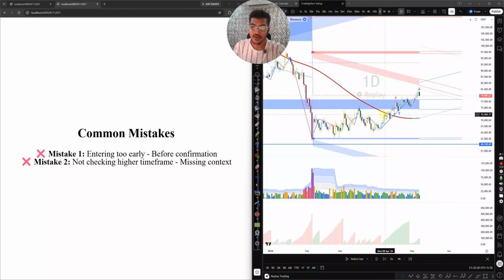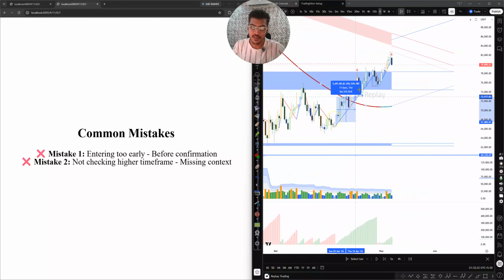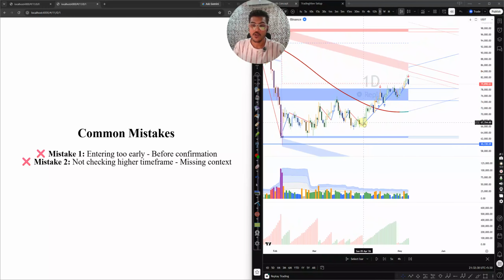You see around here, this is the trade that we took on this up wave. This is where all those reaccumulation structures were forming. So you can see, as you have context on the higher time frame, that these are reaccumulation structures.